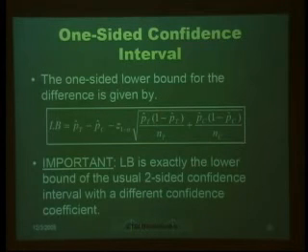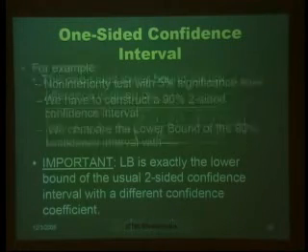So the main important thing here is I can construct a usual confidence interval for the difference of proportions, and I only have to correct my confidence coefficient to do a non-inferiority test. That's the main idea of this. I compute my confidence interval, I correct my confidence coefficient, and then I can test the non-inferiority hypothesis.